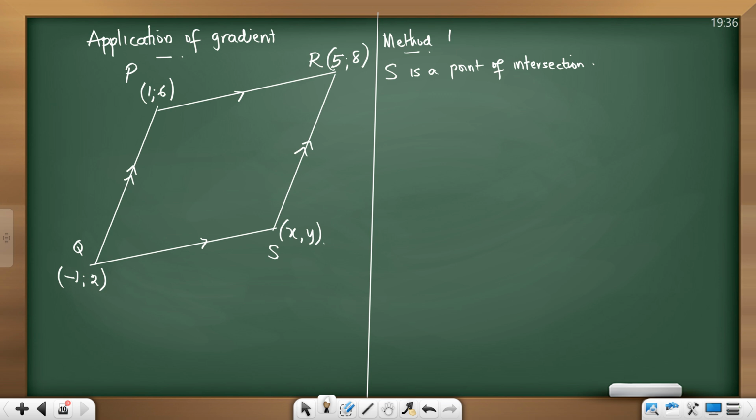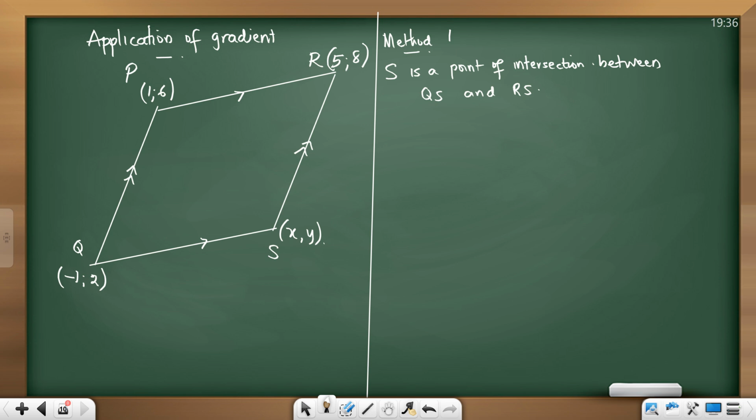Point of intersection between which lines? QS and RS. I hope that is visible there. If I look at QS and RS, they intersect at S. So S becomes my point of intersection.